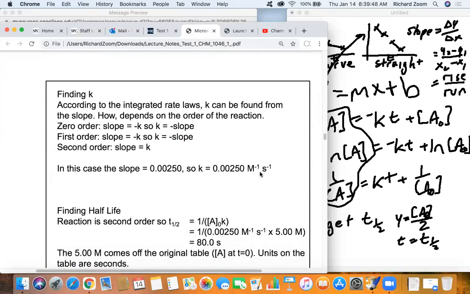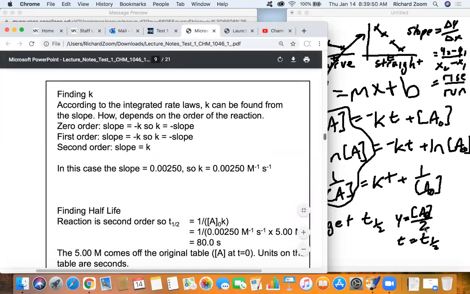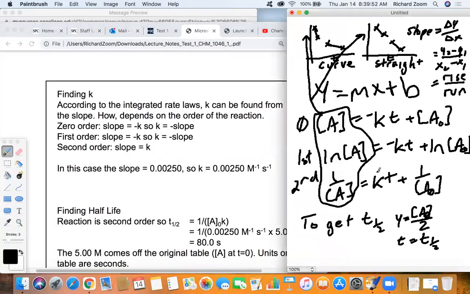Now the next thing we can do is we can find K. So let's go back to these equations here. And you can see that in each instance, we've got the K values here as part of the straight line equations. The K value is matching the slope. So it's a good thing we found the slopes already, but you can see in each instance, we can actually figure out the K value from the slope.